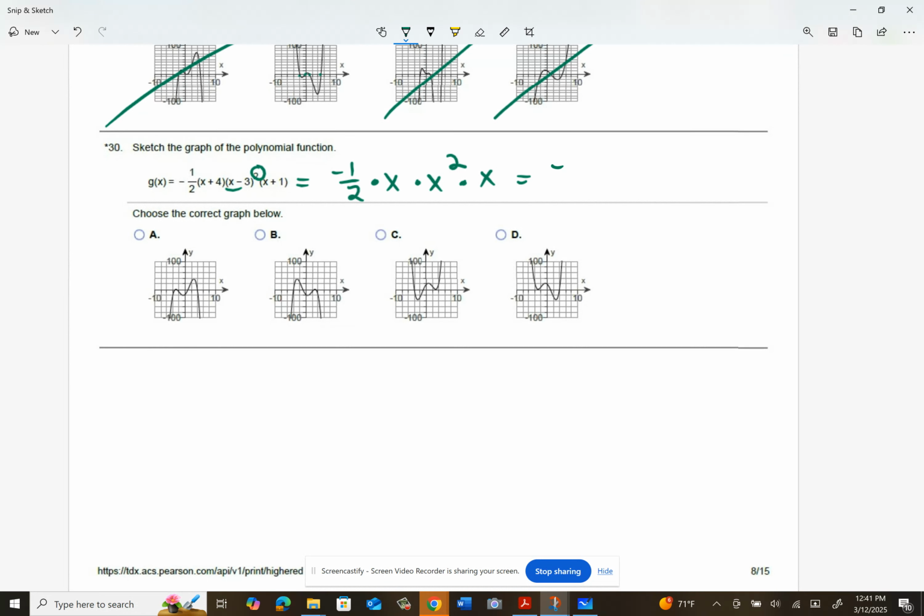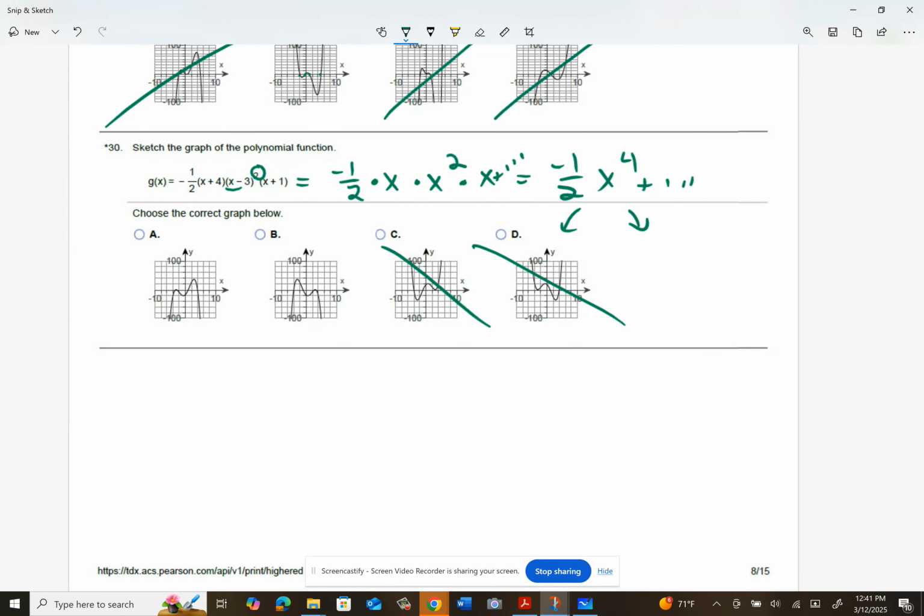So that means I'm going to have a -1/2 x to the 4th power. And there would have been other stuff, I just don't care about it. Because it's negative with an even exponent, I know it has to open down. So I'm toying between A and B. Okay, so I know it's one of those two.